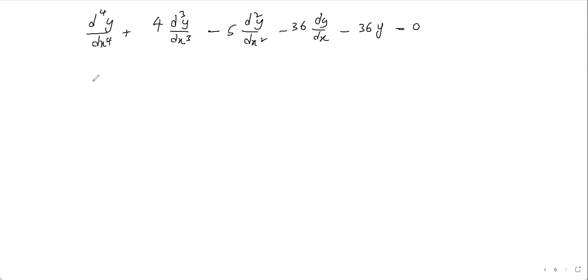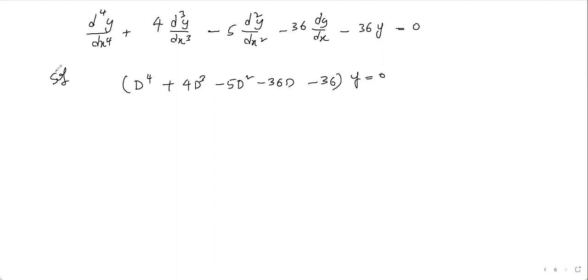Okay, now this can be written as d power 4 plus 4d cube minus 5d squared minus 36d minus 36 into y is equal to 0.